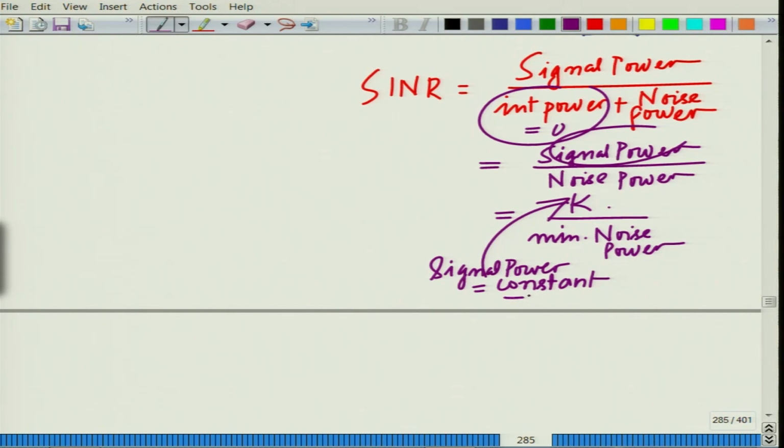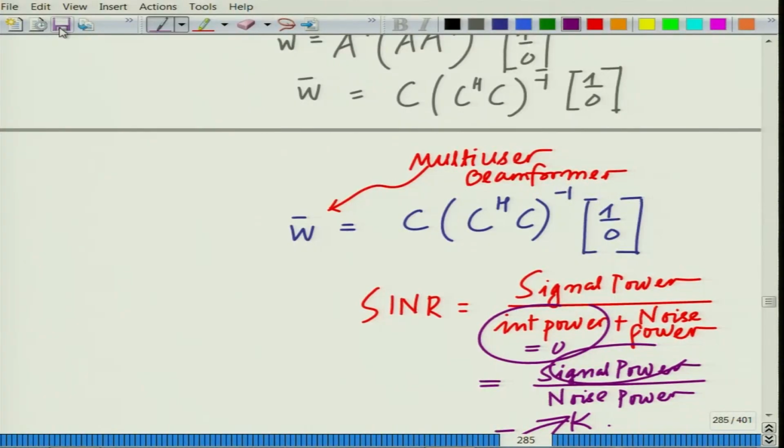So, this maximizes the SNR, which in turn maximizes the SINR, because as I have already told you, the interference power is 0. So, maximizing the signal to noise power ratio is simply the same as maximizing the signal to interference plus noise ratio. Okay. So, this is W bar.